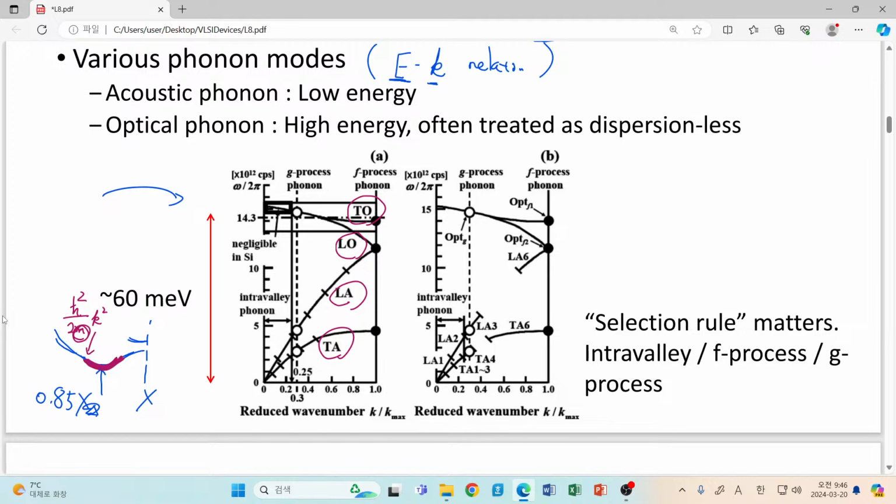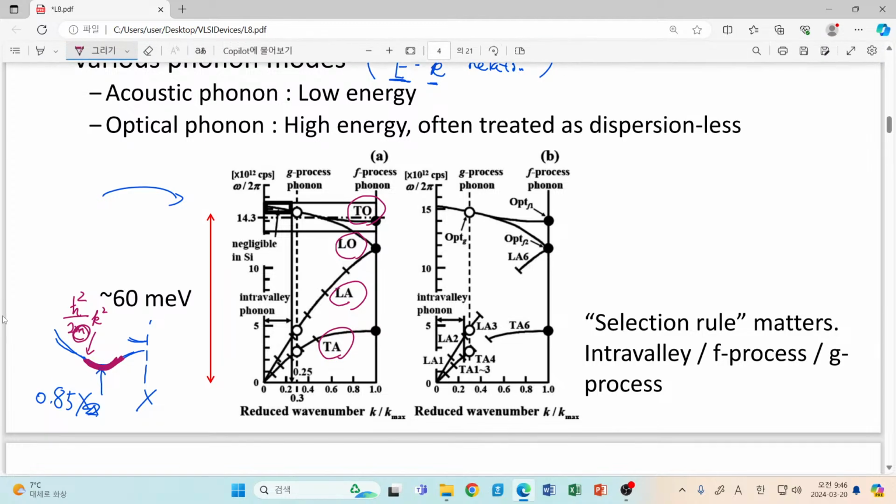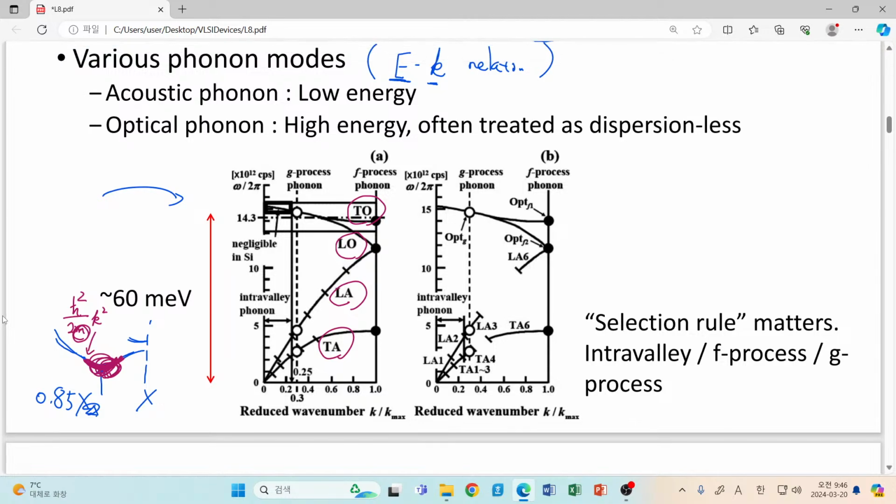Those points are regarded as important points for our phonons. Why are these points regarded as important? Because at those points your phonon is interacting with your electrons. Then where can you find your electrons? Only at this point.